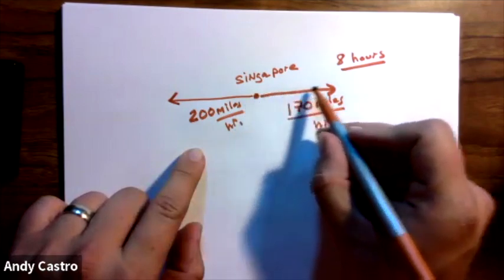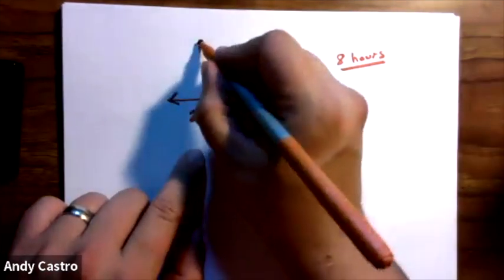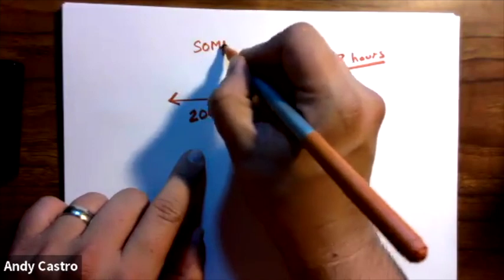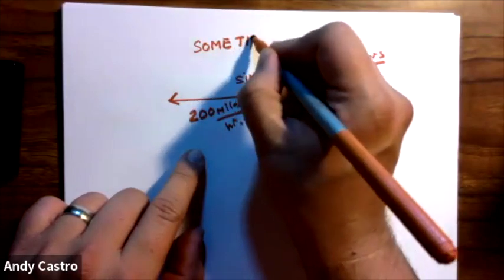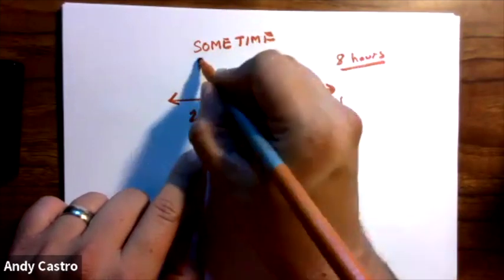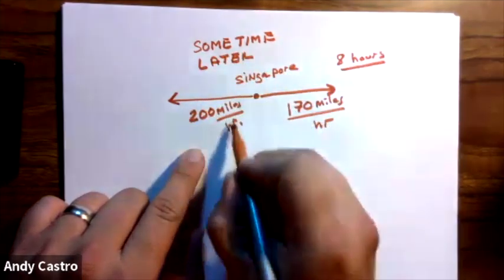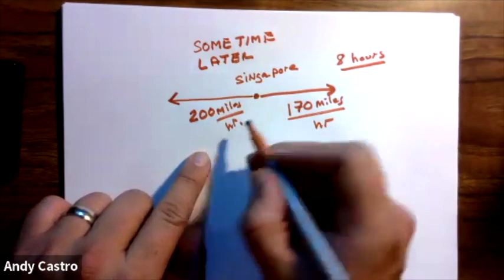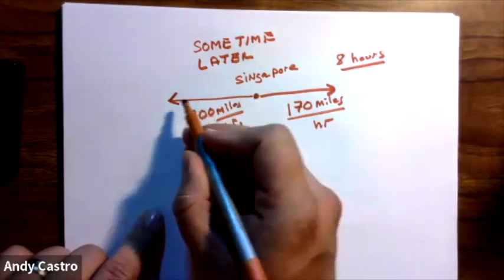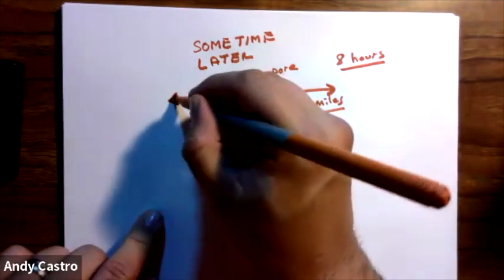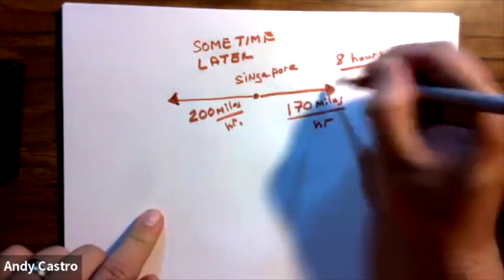The first plane is going to take off, then some time later, the second plane is going to take off, and it's going to go the opposite direction.